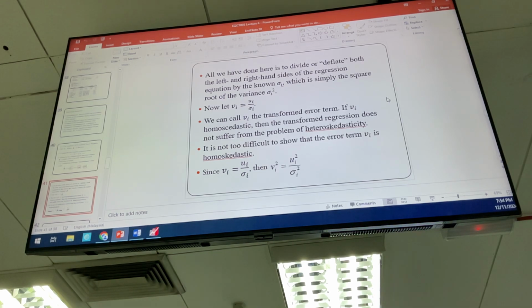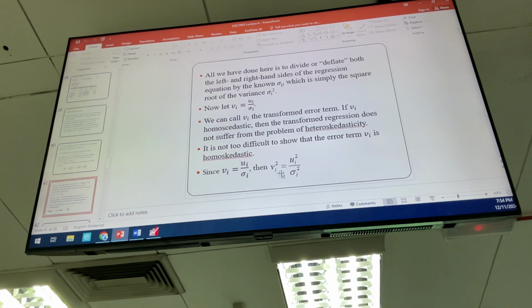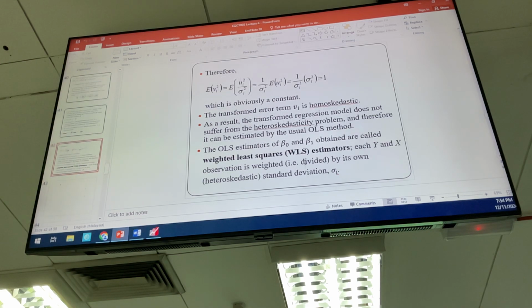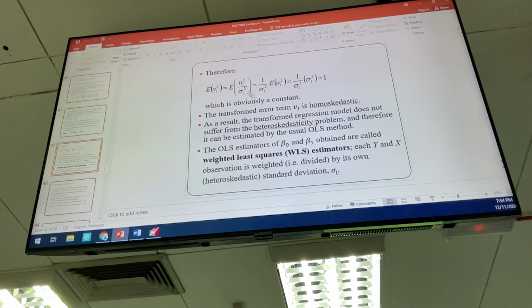It is not too difficult to show that the error term Vi is homoscedastic. Given that Vi equals this, the square of Vi equals Ui square over sigma i square. Therefore the expected value of the new error term is equal to this.